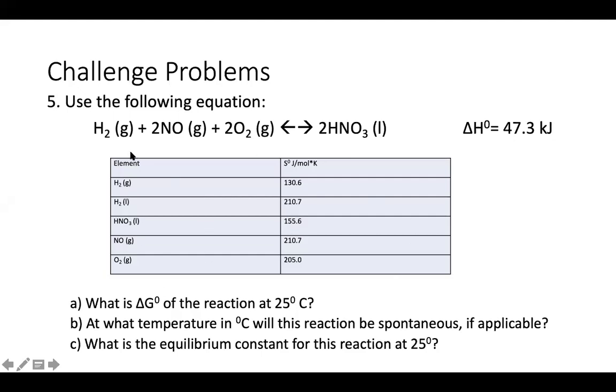Here you're given a chemical formula, a change in enthalpy, delta H for this reaction, and then a table with entropy values, S values. Based on this information, we want to find the delta G naught at 25 degrees Celsius. At what temperature will this reaction be spontaneous, if that's applicable? And lastly, what is the equilibrium constant for this reaction at 25 degrees Celsius?